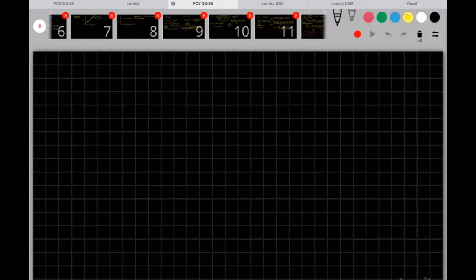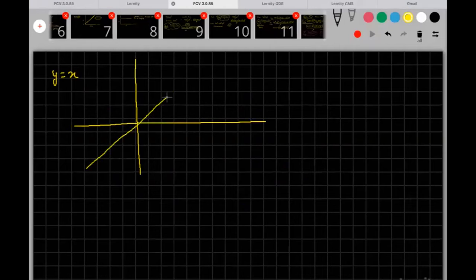Suppose I ask you to draw the graph for the function y is equal to x. Then how will it look? It will look like this. If x is equal to 1, y is equal to 1, so mark that point. If x is 0, y is 0, mark that point. You need 2 points to draw, so draw a straight line. This is a linear graph.